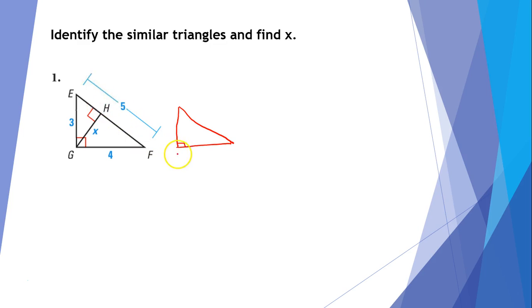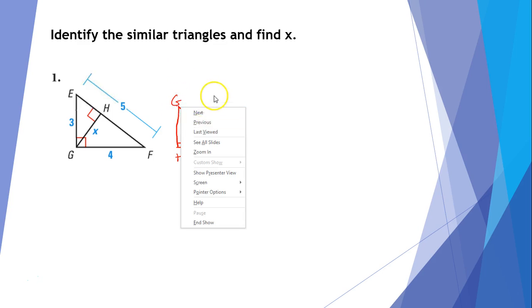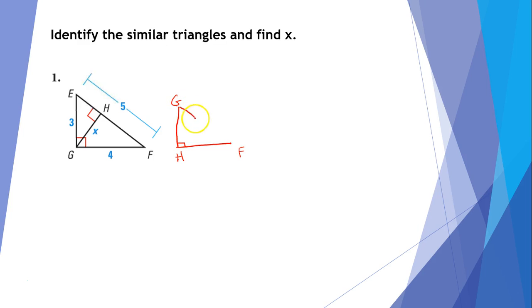Well, here's H, so label this right angle H. And then the bigger angle right here is G, and the smaller angle F. I'm going to draw that a little bit better, hopefully. Whoops. That's a little better.